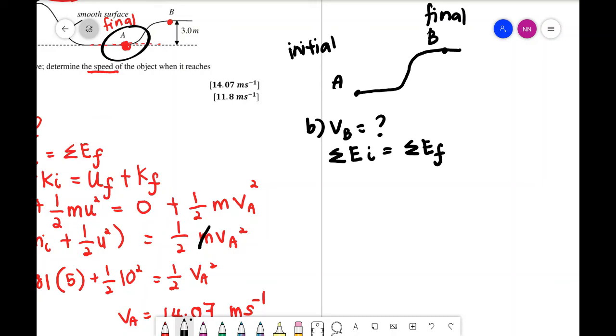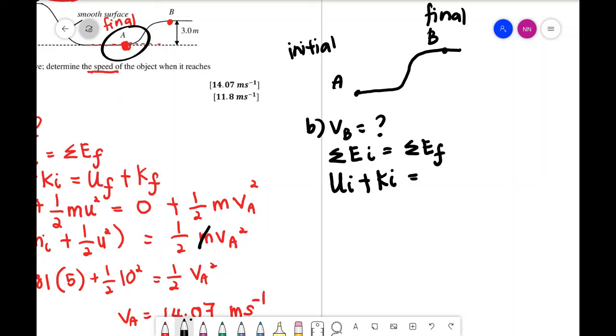You may write U initial, but then substitute the value 0. Kinetic energy initial at point A equals total energy final, where the final position is point B.